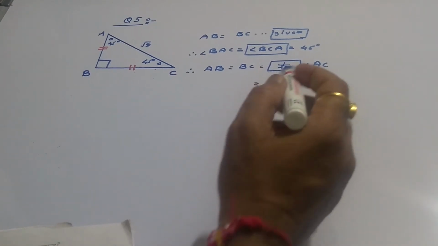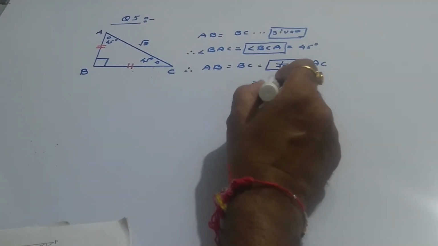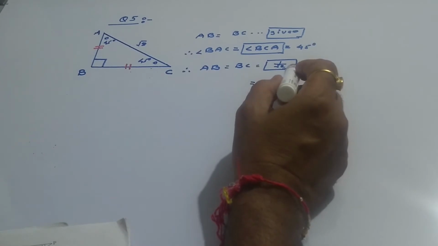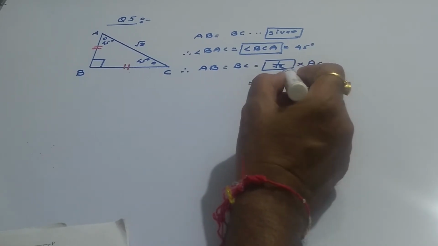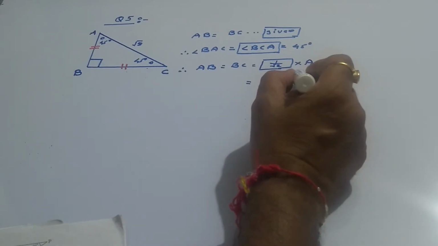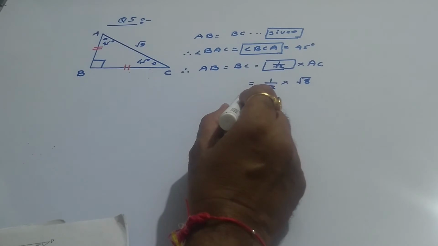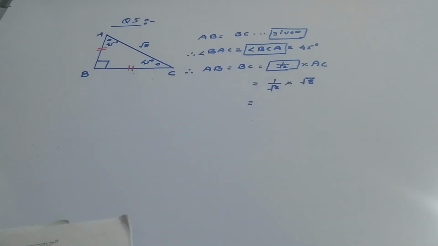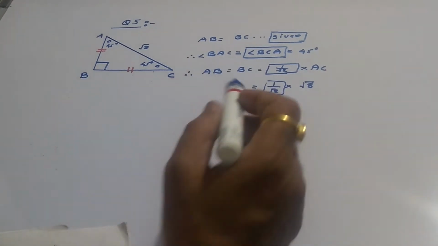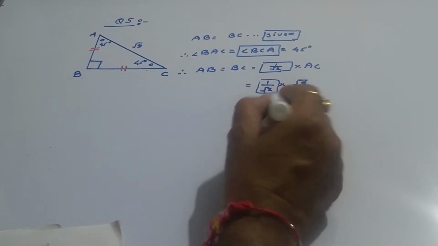So now this is 1 by root 2 into root 8. So that is equal to 1 by root 2 into root 8.